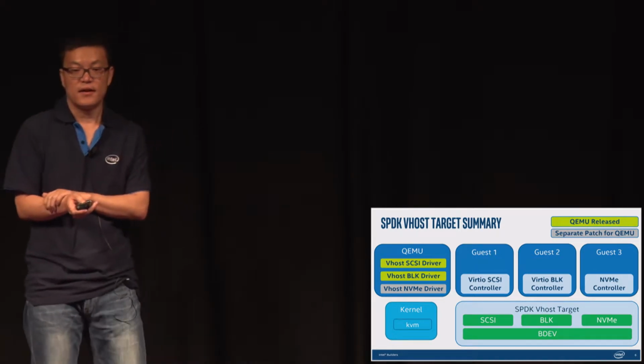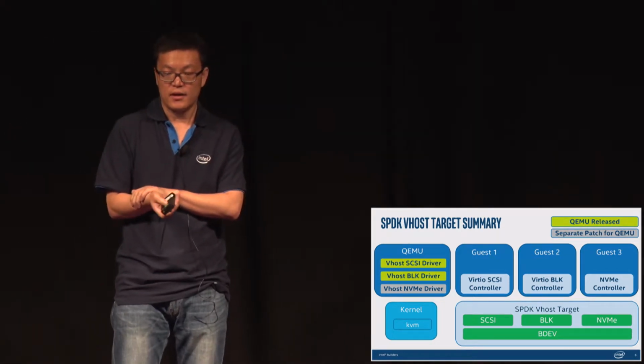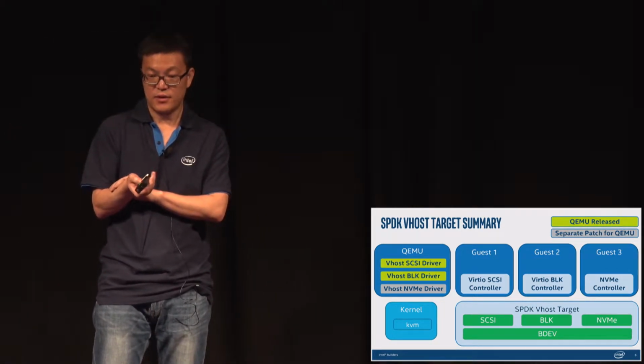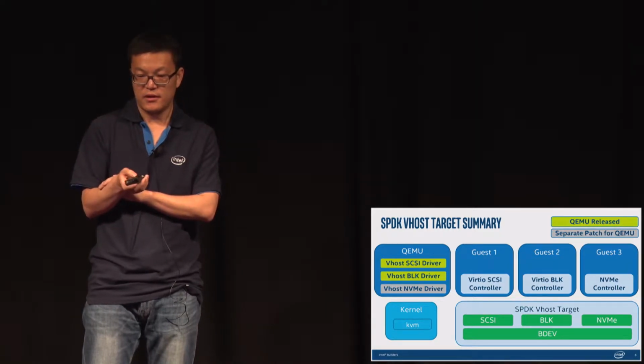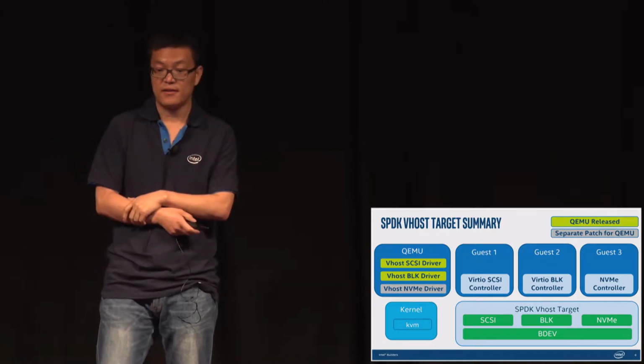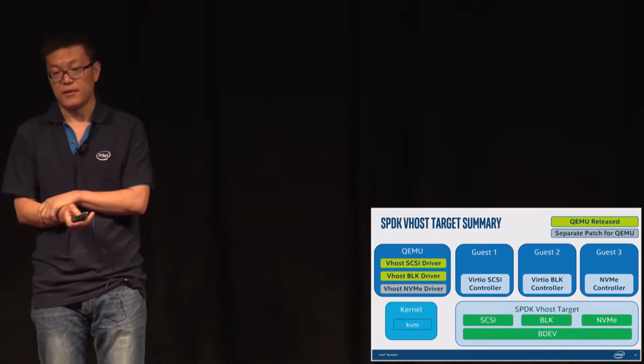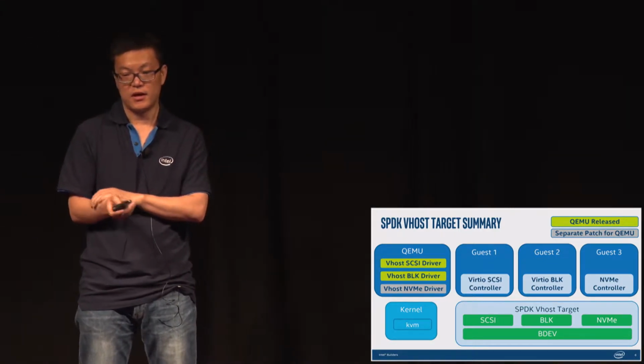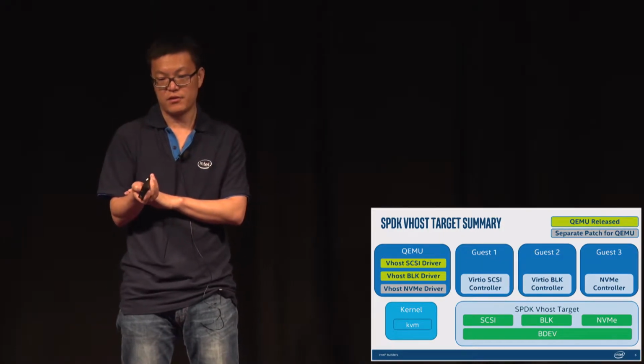Here is the SPDK vhost target summary. Currently we can support three different interfaces in the guest VM. The first one is Virtual SCSI, the second one is Virtual block, and of course the third one is NVMe controllers.